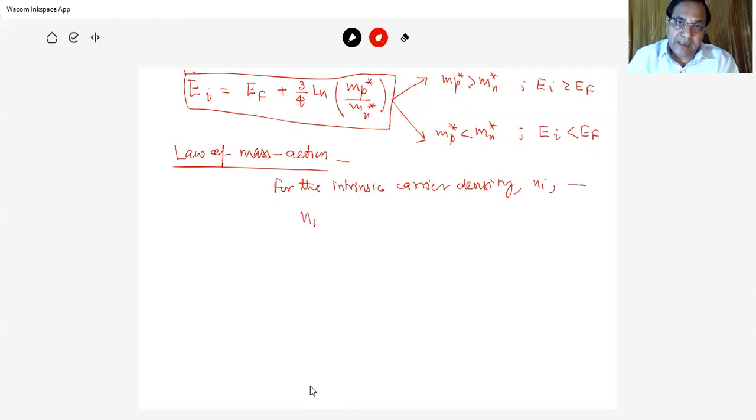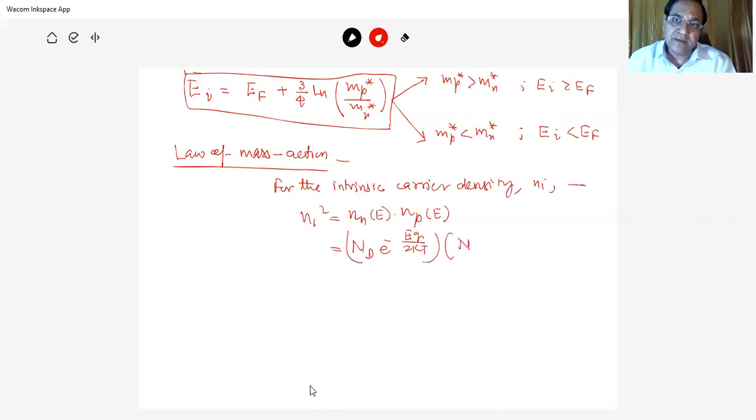So Ni square is equal to N of e into N of p, multiplication. So what we find, this is Nc e raised to the power minus Eg by 2kT, and here it is Nv e raised to the power minus Eg upon 2kT.